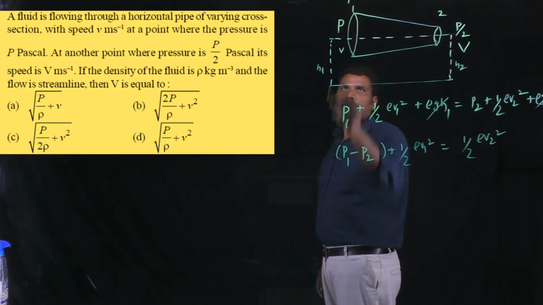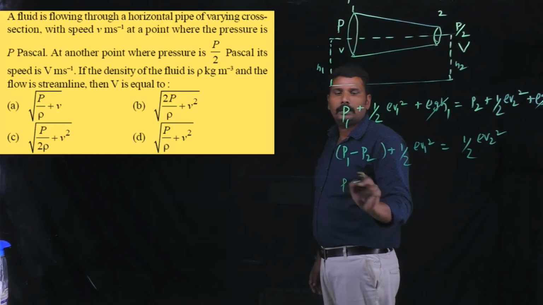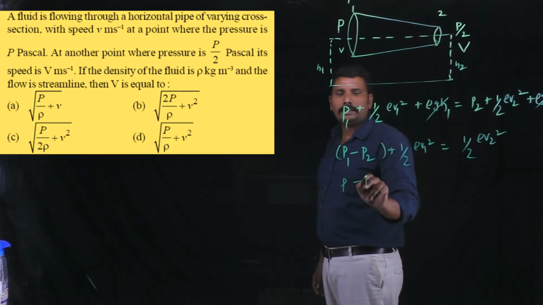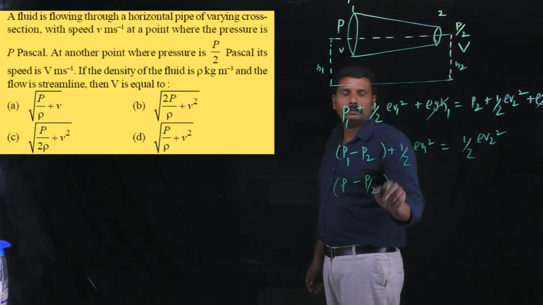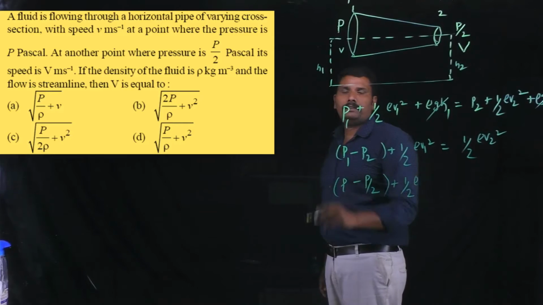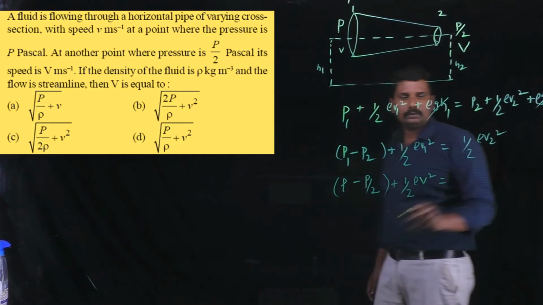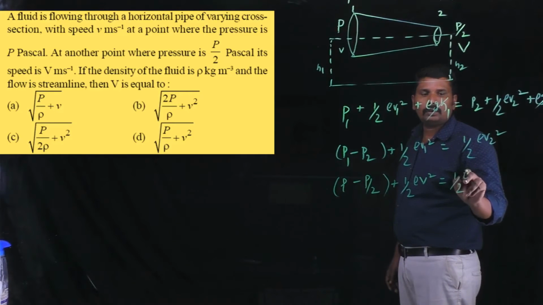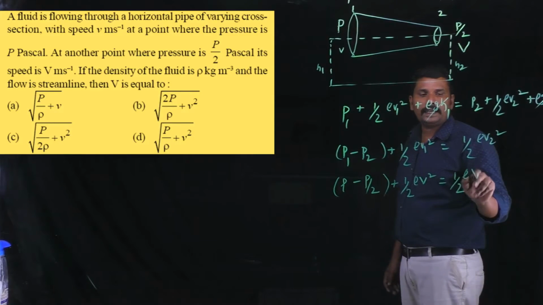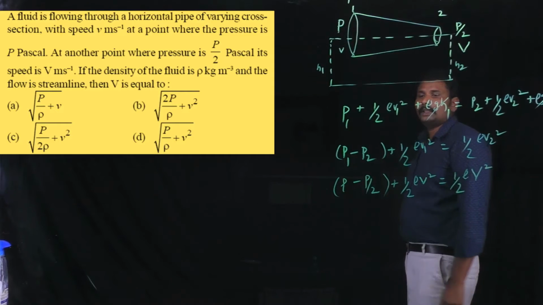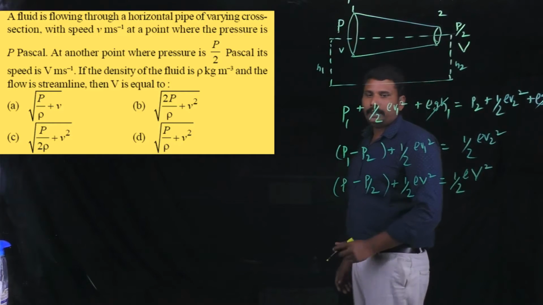At the first end the pressure is P and at the second end the pressure is P by 2. The velocity at the first end is small v, and at the second end it is capital V. This is P minus P by 2, plus half rho v square, equal to half rho capital V square.